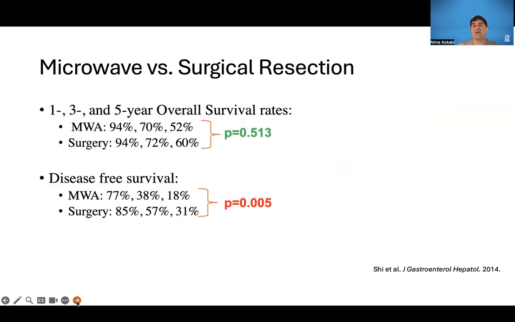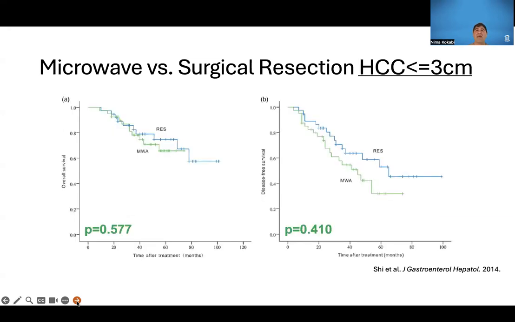In this study, the survival rates at 1, 3, and 5 years were actually similar between the microwave cohort and the surgical cohort, but the disease-free survival, meaning the recurrence rate, was marginally better and statistically significant, but not as significant of a gap as we saw in the RFA study that I showed you previously, in the favor of the surgical group, again, compared to the microwave ablation group.